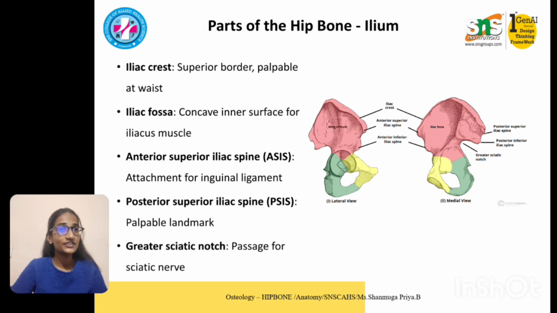The anterior superior iliac spine serves as the attachment for the inguinal ligament, and the posterior superior iliac spine is a palpable landmark used in clinical exams. Finally, the greater sciatic notch allows the passage of the sciatic nerve. The slide's diagram labels these clearly in the lateral and medial views.